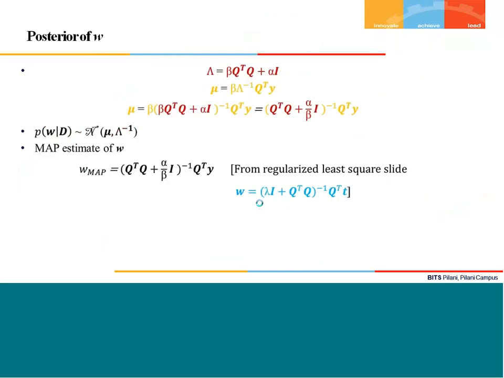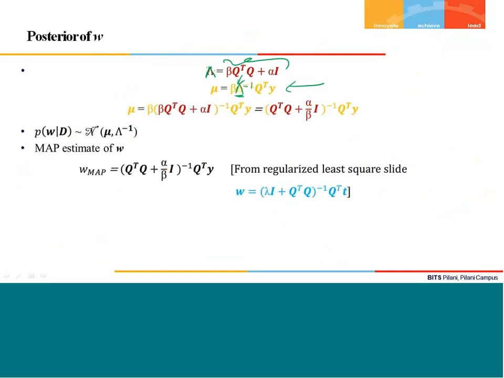So you will find that the maximum a posteriori estimation is nothing but the mean, and this mean can be further simplified. This is a variance, this is a precision, right? And this is the inverse of it. You put this value of lambda here. You see, this is the lambda matrix.